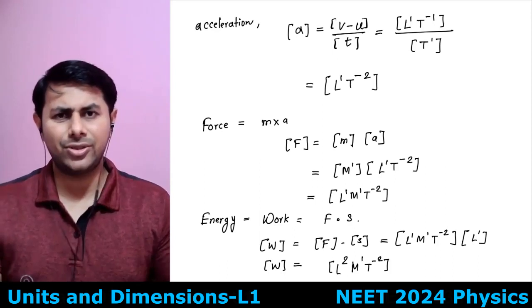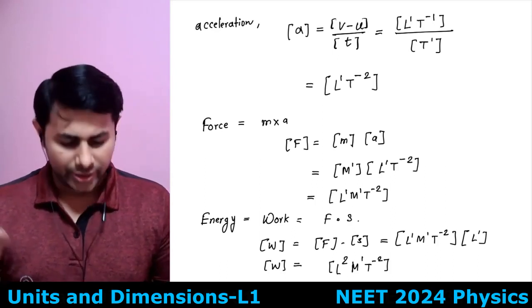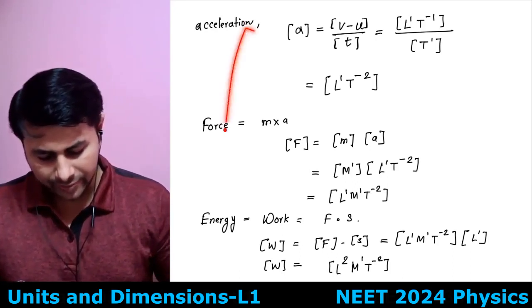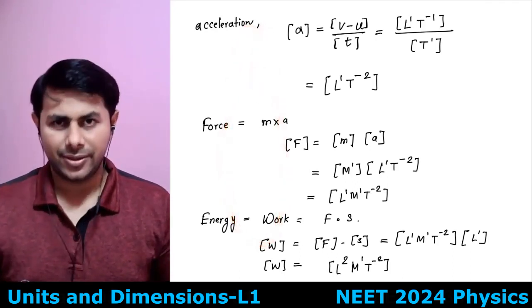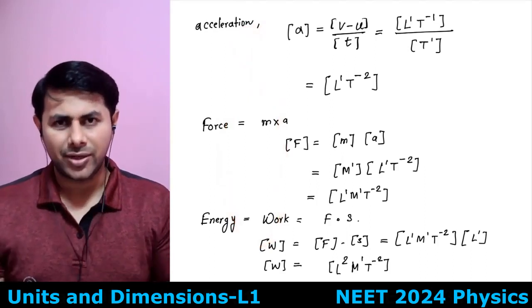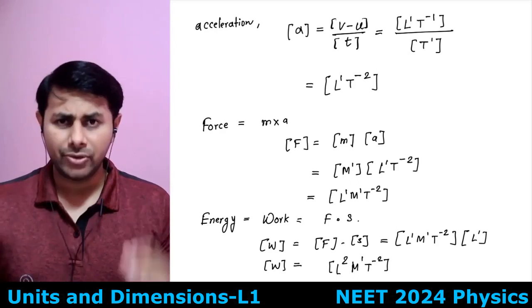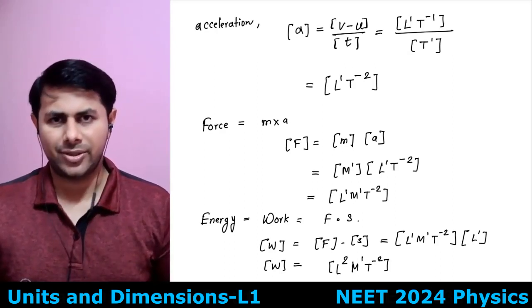There are thousands of other physical quantities, but what you need to know by heart is the dimensions of these quantities, and the formula connecting these quantities with any other physical quantity. Then you will be able to find out dimensions of that quantity.